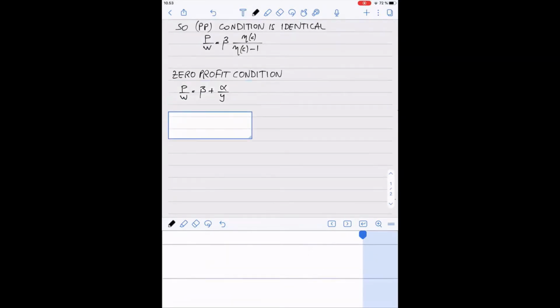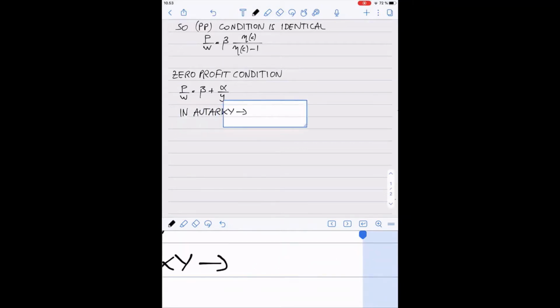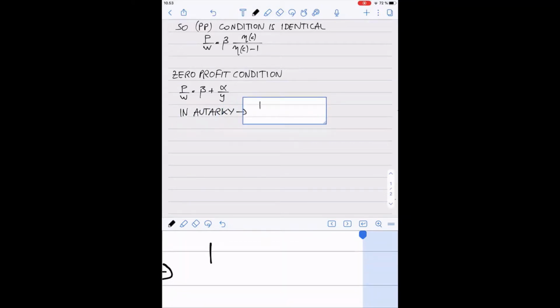Well, in autarky, the zero profit condition was P over W equals beta plus alpha over LC.